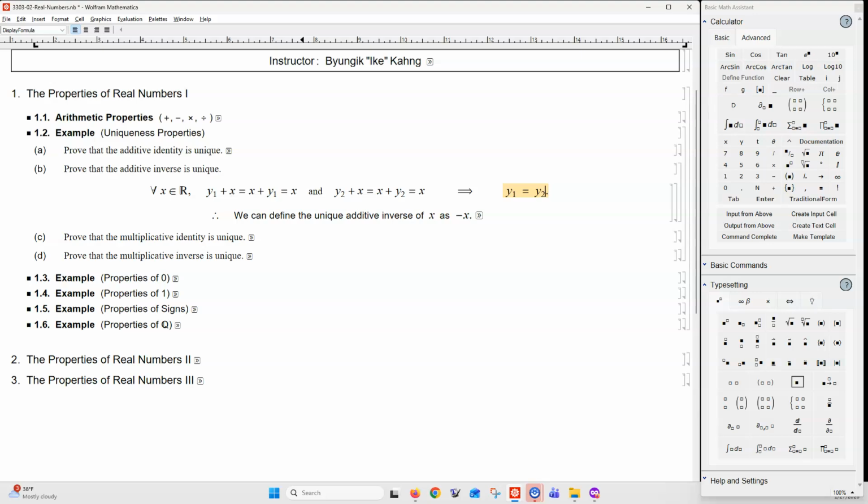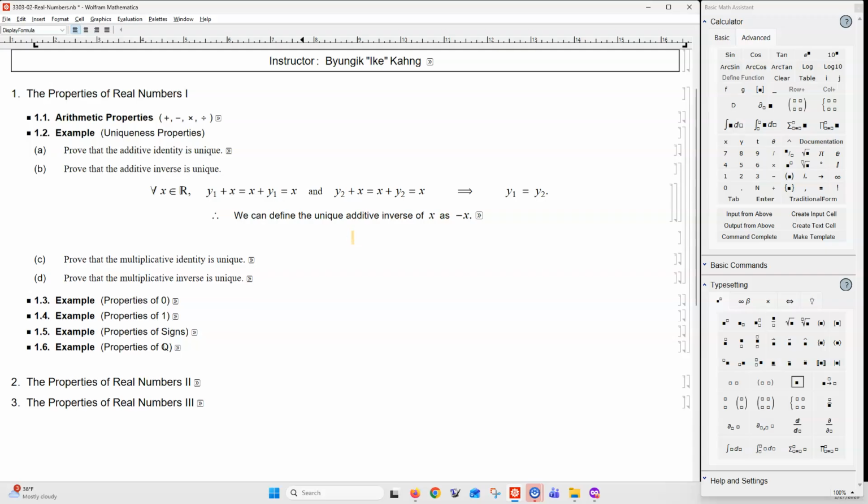How do you prove that? y1 is equal to y1 plus 0. Why did I get 0 involved? Because we are talking about additive inverse, so something adding up to 0. So starting with 0 is a good idea. And y1 is y1 plus 0 because 0 is an additive identity. And then remember, we're talking about the additive inverse of x.